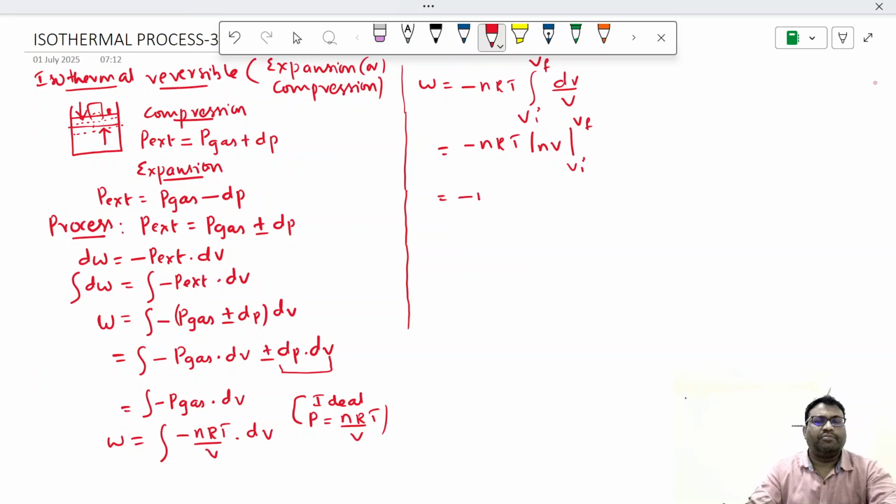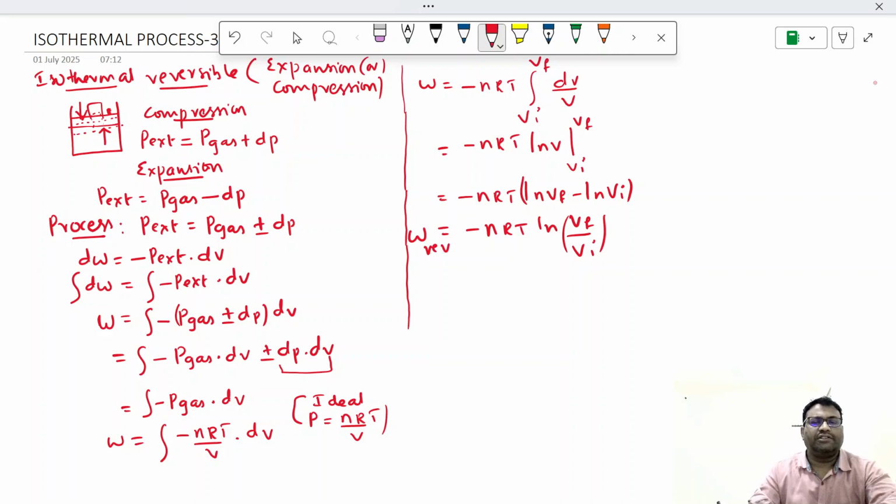So minus nRT, ln V final minus ln V initial, where ln means natural log, that is equal to minus nRT ln V final by V initial. So this is the formula to calculate the work done during a reversible process, and this is for reversible expansion.